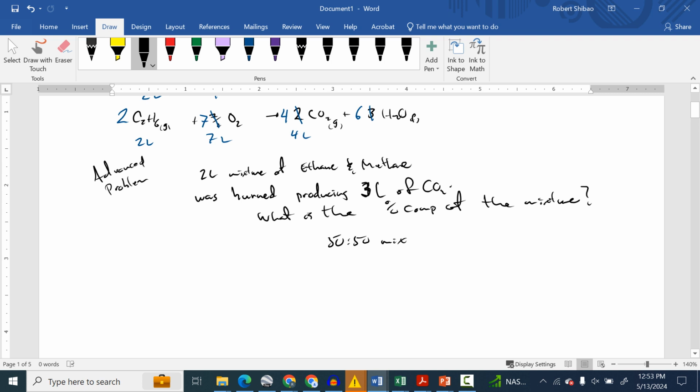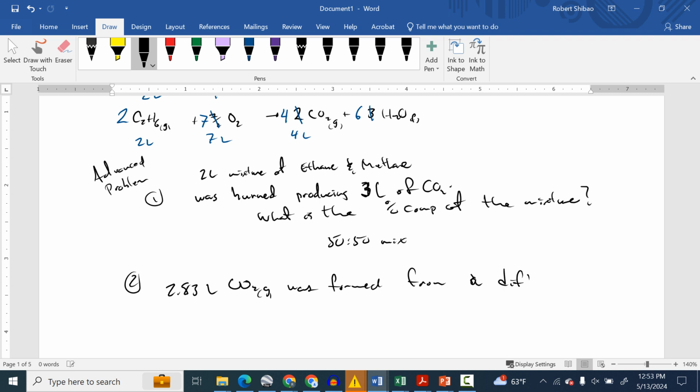Now we're going to do this again. Let's say that instead I got 2.83 liters of CO2 gas formed from a different methane and ethane mixture.